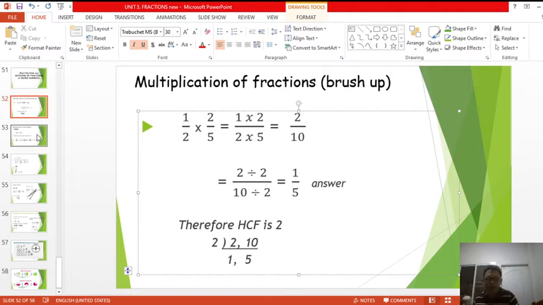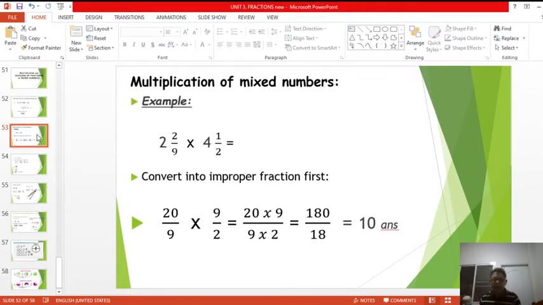What you can see here in this example is a mixed number. Remember what mixed numbers are? A whole number and a fraction together. Now, when you have this kind of problem in a multiplication operation, the first thing you got to do is convert the mixed number into an improper fraction.